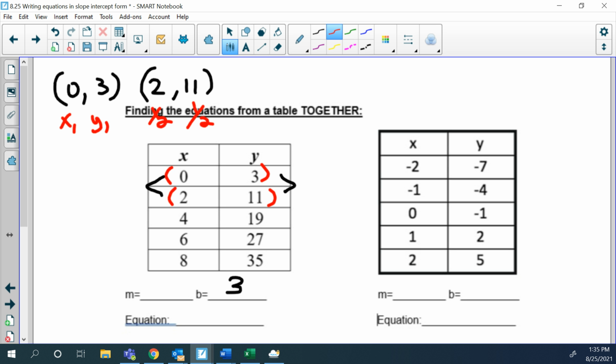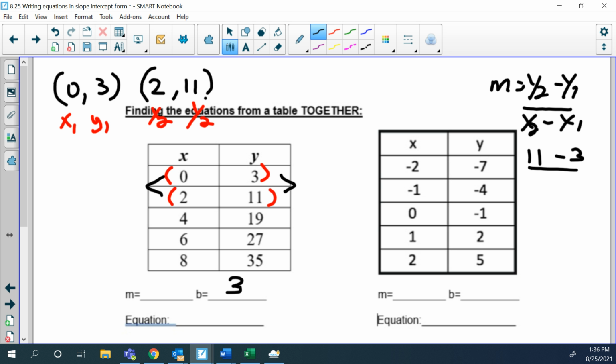All right. So my slope formula is m is equal to y2 minus y1 over x2 minus x1. Let's do this over here on the right. So my y2 is 11. My y1 is 3. That's minus 3. Over my x2 is 2.